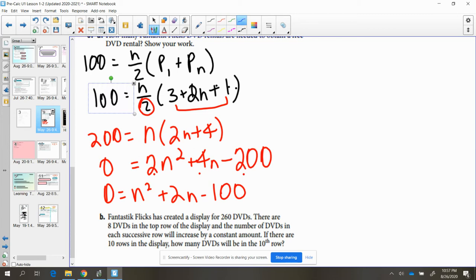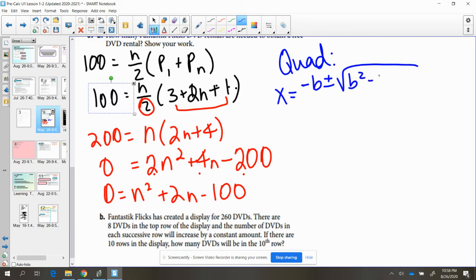So what our best bet here is actually going to be is using our old pal, the quadratic formula, okay? Which goes back to our good song, x equals negative b plus or minus the square root of b squared minus 4 times a times c all over 2a, right? I always like to say it to Pop Goes the Weasel.